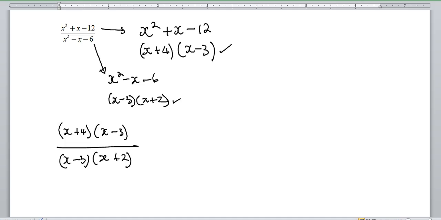Now, do we see any common factors here? I think so. x minus 3 is a factor of both, right? Those are common factors. There are no more common factors, so your final answer is x plus 4 over x plus 2. So this is a simplified version of this big fraction here.